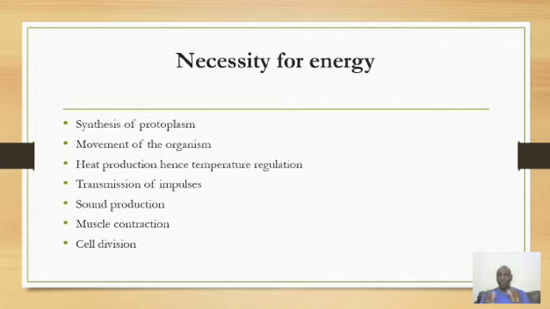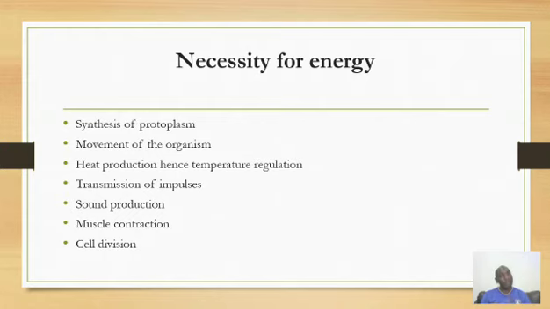Movement from one place to another is what we call locomotion. That is why when you fall very sick and you really feel weak, you don't have any energy in your body, you may even fail to locomote. Therefore, for locomotion to occur, energy is necessary.